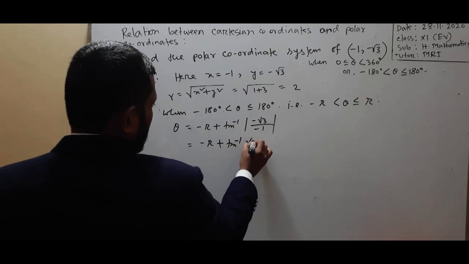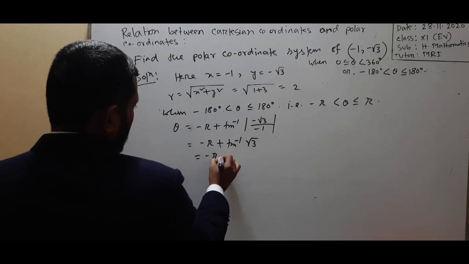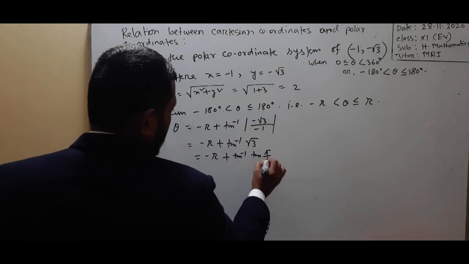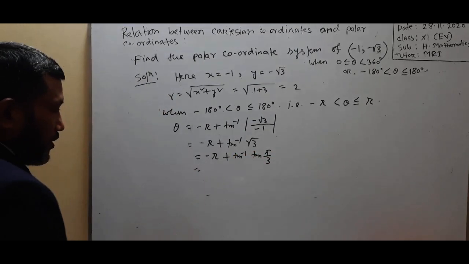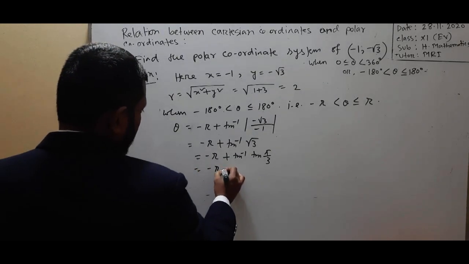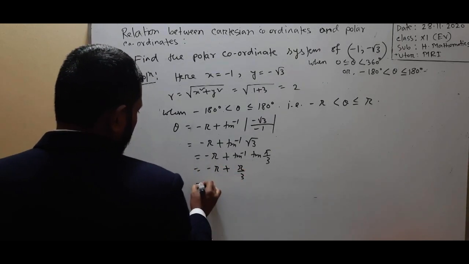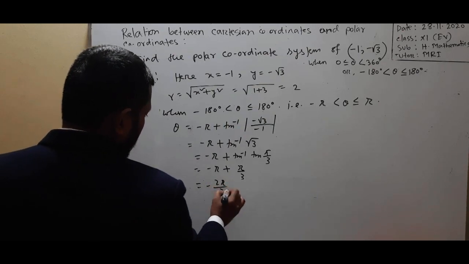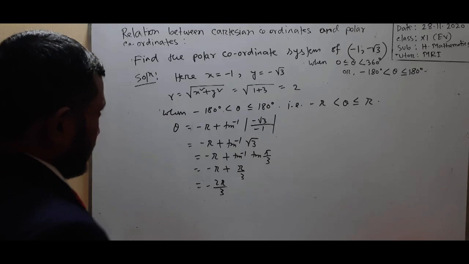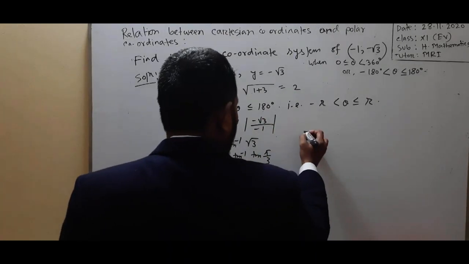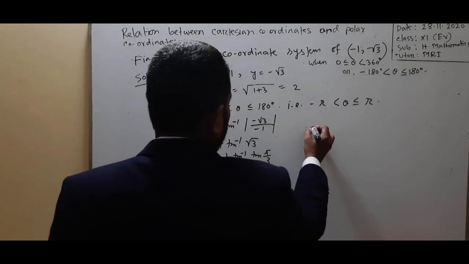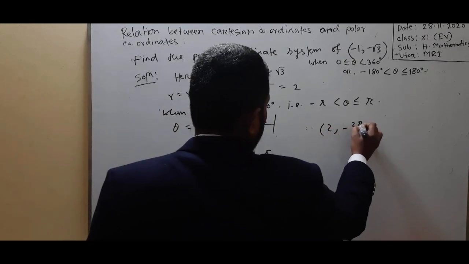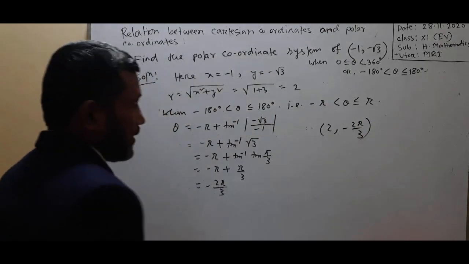Tan inverse root 3, tan 60 degree is equal to square root 3. We get pi by 3, then minus pi plus pi by 3 is minus 2 pi by 3. The coordinates of this in polar form will be 2 comma minus 2 pi by 3.